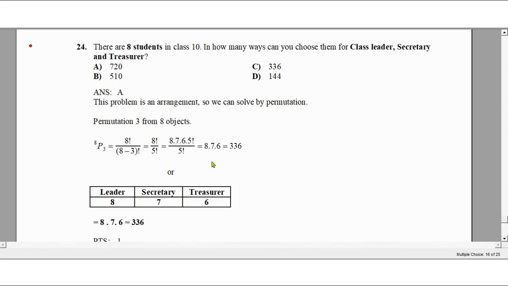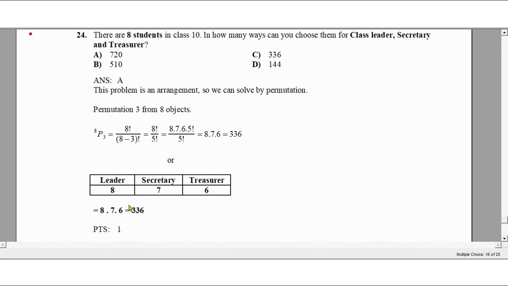Then you choose one of 7 for the secretary, and because you already chose the leader and secretary, 6 remain, so you can choose a treasurer from 6 possible persons. Then you multiply 8 times 7 times 6, 336. This one is simple by permutation because it's ordering or arranging for leader, secretary, and treasurer.